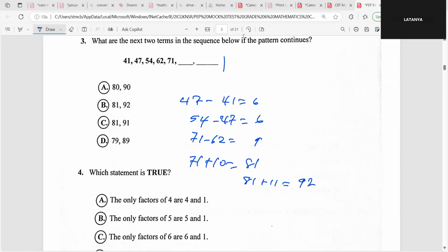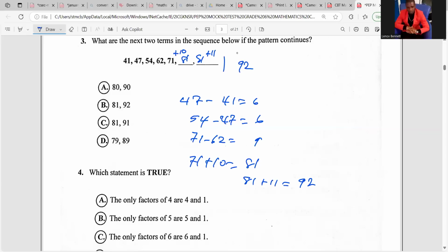From 62 to 71 they added 9, and after that you're going to add one more on that 9, which is going to become 10. So 10 plus 71 is equal to 81, and then you're going to add one more on that 10, which is going to become 11. So you're now going to say 81 plus 11 gives you 92. You guys are convincing, so I'm going to have to agree with that. Honestly, guys, I'm not really checking it, but yeah, I trust you.